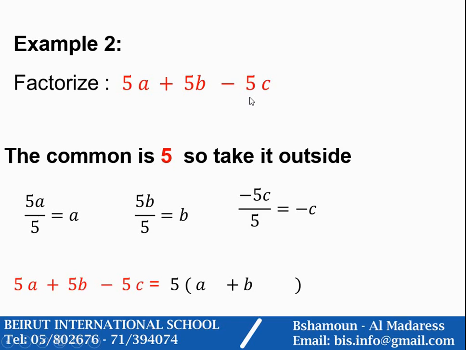So you take the term with its sign. Here we do not write plus because in the case of plus we do not write, but in the case of subtraction, of minus, you should write. So minus 5c divided by 5 is minus c. So you write here minus c. And this is the factorization or the factorized form of this expression.